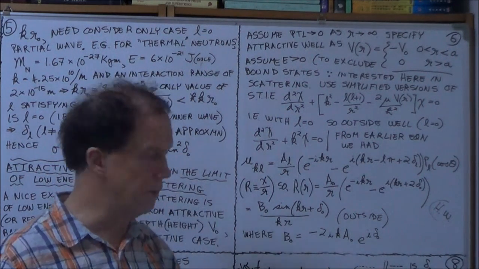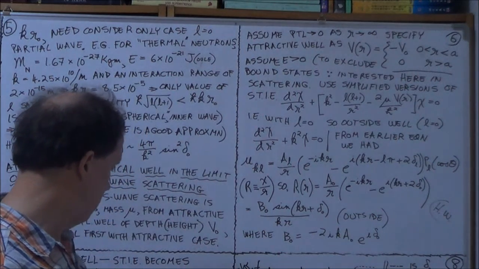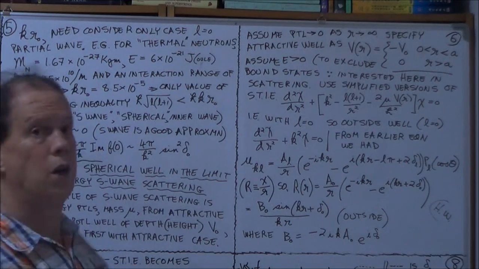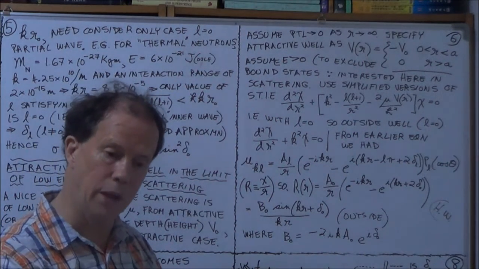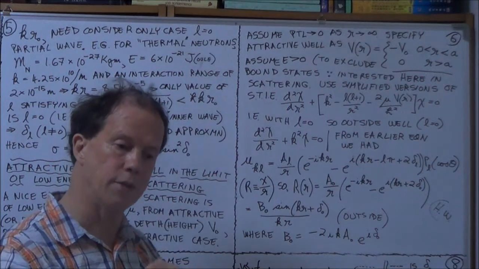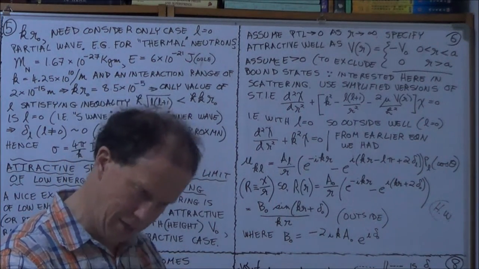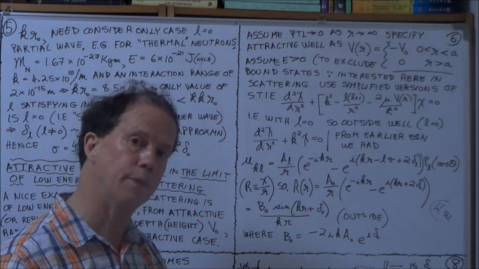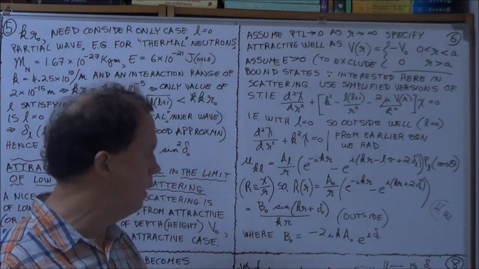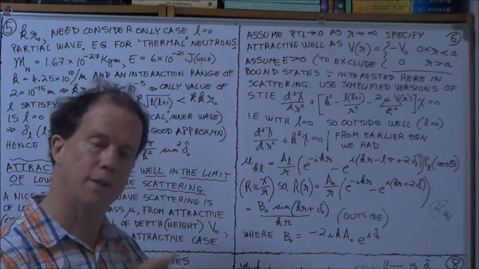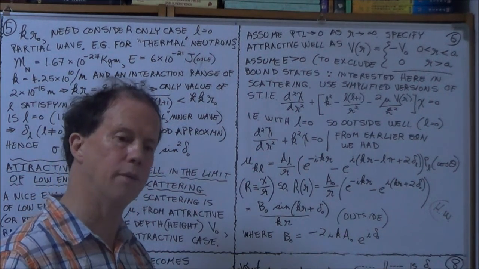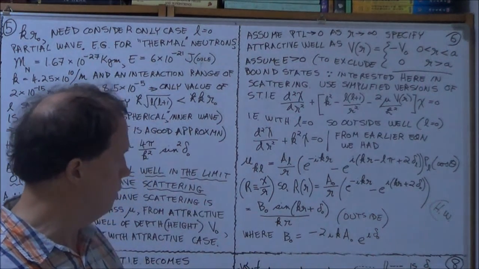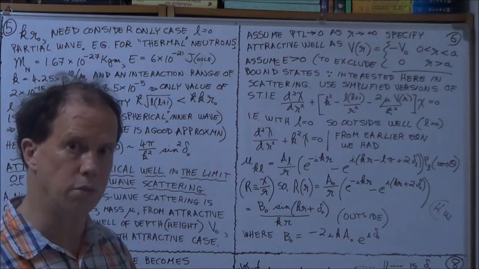Their gradients have to be the same as well. But that'll be next session, and as a result of that, we actually get a formula for delta 0, a value for the phase change delta 0. Knowing that will help us know how the particle scatters. All right, so till next session to show that.